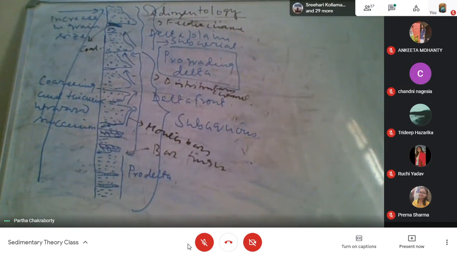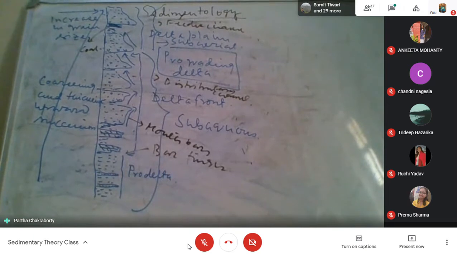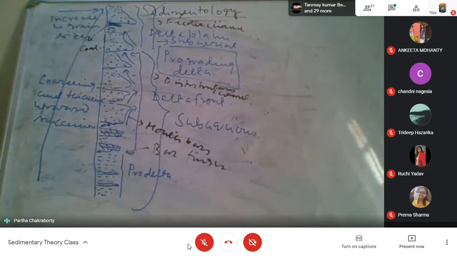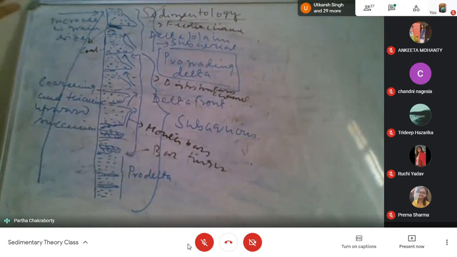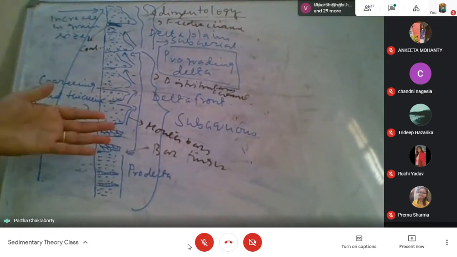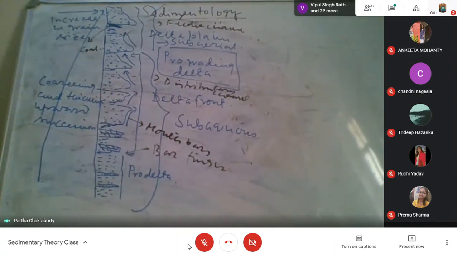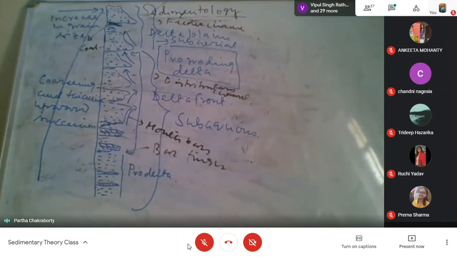Now, if I ask what is the typical character of a delta, how do I identify a delta in the rock record? A delta characteristically will show both a submarine part and a continental part. So you have a subaqueous part that will give way upward to a subaerial part.